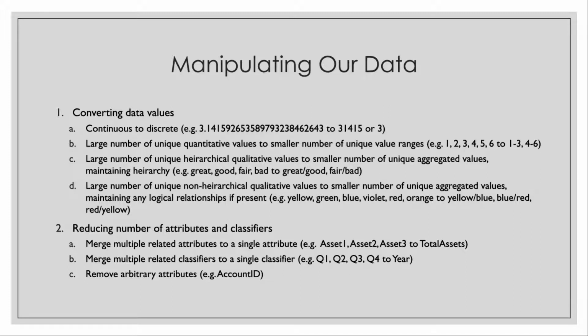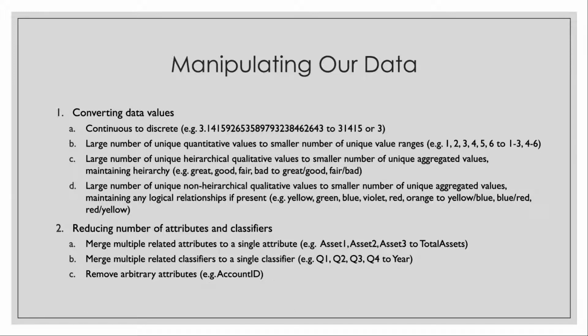So 1, 2, 3, 4, 5, 6 would be converted to 1 to 3 and 4 to 6, as an example. We do this for the hierarchical qualitative values as well, except that whenever we're dealing with a hierarchy, we want to maintain that hierarchy. So great, good, fair, bad would be converted to great and good, and fair and bad.